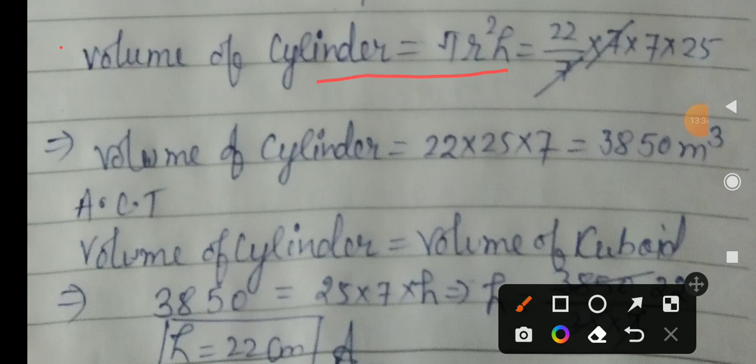So you have to put the values here. Pi is 22 upon 7 and r square means r into r, that means 7 into 7. So that means 7 into 7 into 25, and cut this value with this, and then you get 22 into 7 into 25. So this value you have and multiply these things, and then you get the volume of a cylinder.